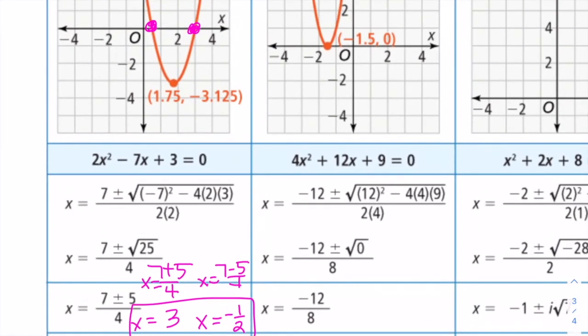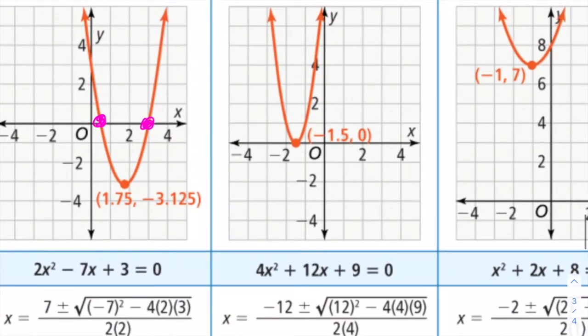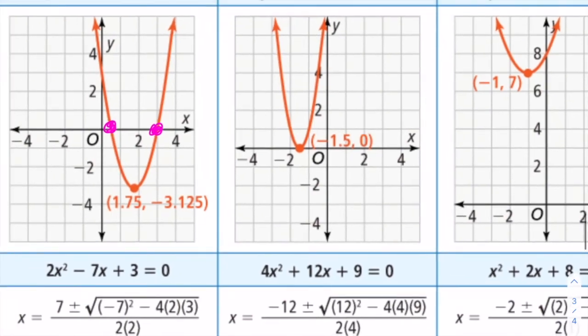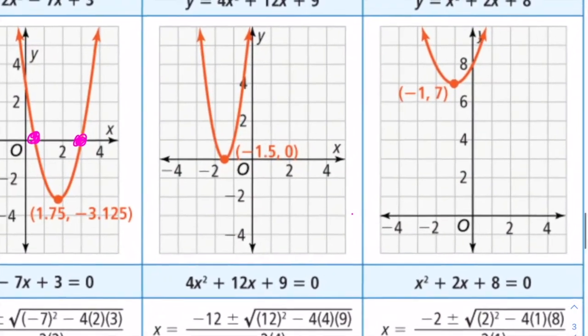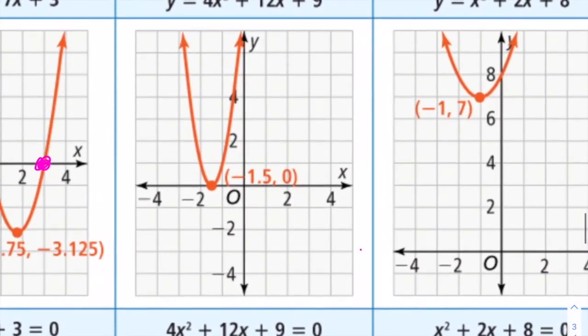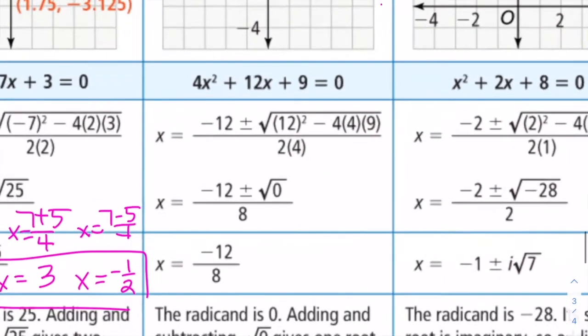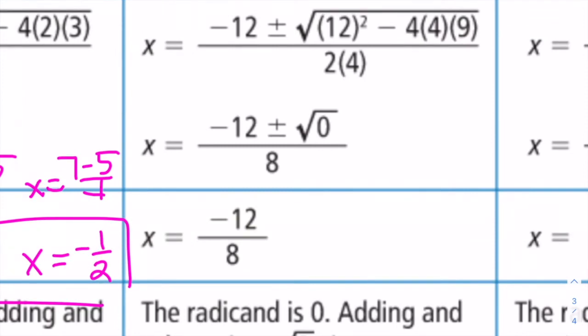And then the same problem, but the second part, we have the equation 4x squared plus 12x plus 9. Using the quadratic formula, we can find the roots, but looking at the graph, you can tell there's going to be one double root. And so to simplify that, you would get x equals negative 12 over 8. 4 goes into both of those numbers.